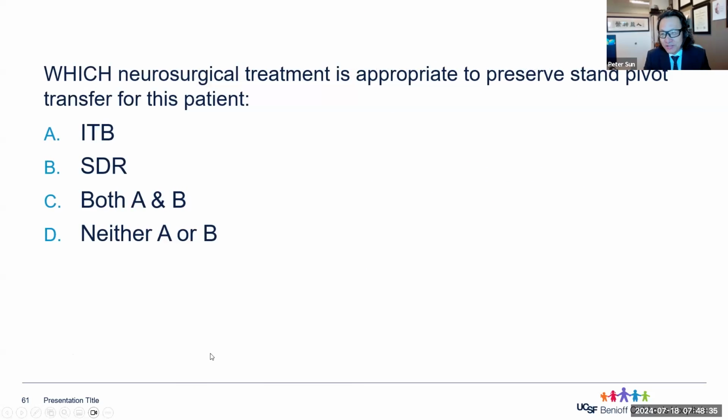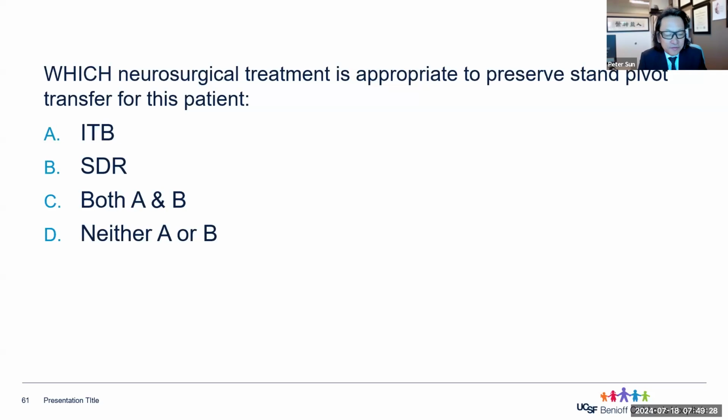All right. So to the audience, which neurosurgical treatment is appropriate to preserve stand and pivot transfer for this patient? I'm interested to see this. Yumi, would you consider a pump for this patient? I think a pump would be a reasonable option since it's titratable and there's less risk of weakness. Yeah. I mean, definitely not an SDR, right?